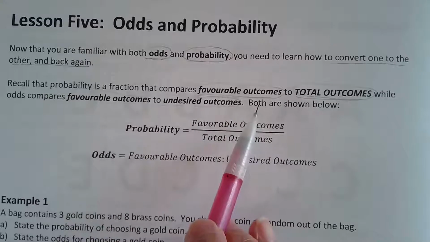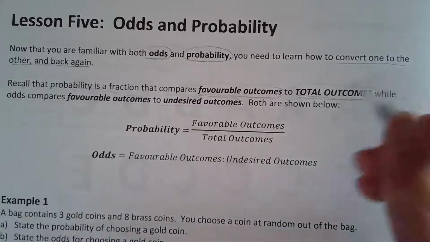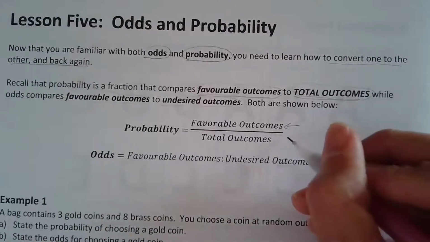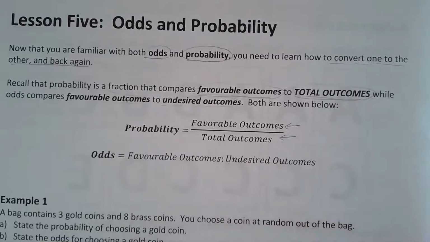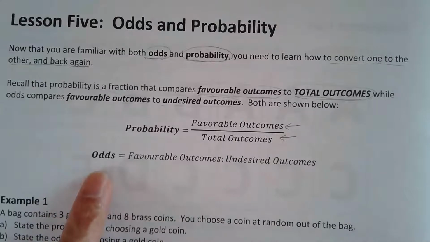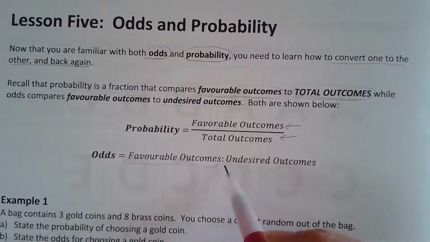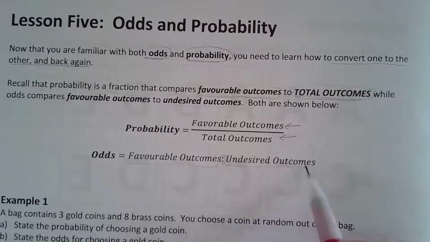Okay, so both are shown below. When we talk about probability, we talked about how many ways an event can happen divided by all of the possibilities. And then odds, we're talking about favorable outcomes. And then remember these two dots here? That's talking about 'is to', and then unfavorable outcomes.